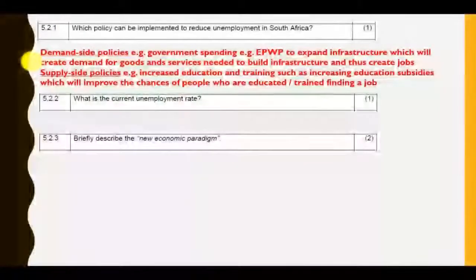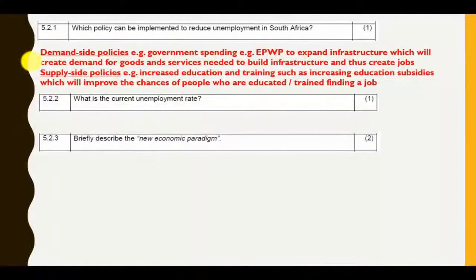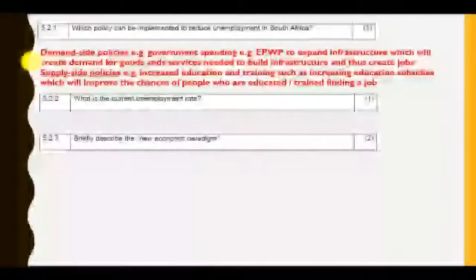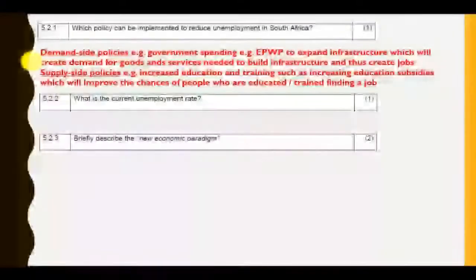So the government can spend money on building infrastructure, which will create demand for goods and services needed to build infrastructure. This will create jobs, and when people have jobs, they earn an income, and what do they do? They spend that income, and therefore demand increases. And we can even say the multiplier effect will come into play. So that's the first thing you could have said.